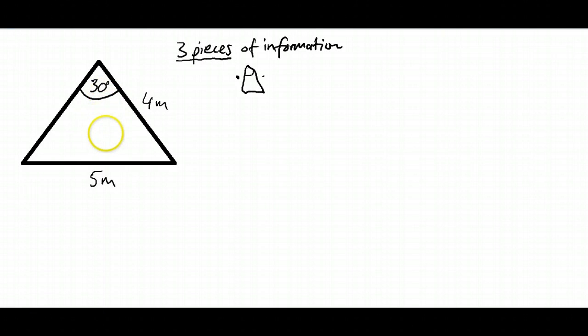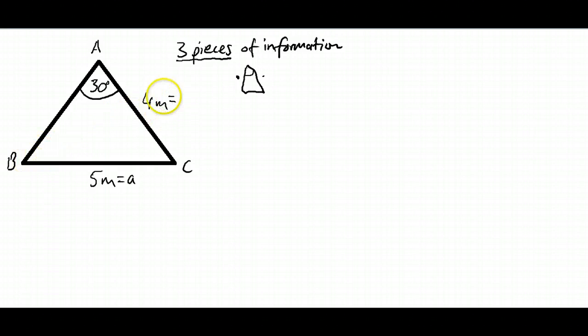Okay, so once we've got our non-right angle triangle and we've got 3 pieces of information, as long as they're the right pieces of information, we can use the sine rule. So in order to do that, let's label the triangle with the labels that we like to have, which means we need an A, a B, and a C. It doesn't matter which one's which, but once you've chosen which corner is each letter, you need to make sure that the opposite side is the same letter.